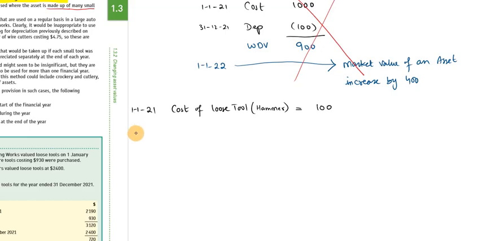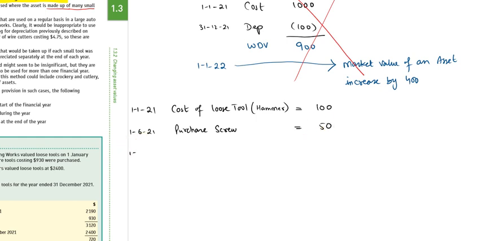So at, for example, first June 21, we purchase another one, say a screwdriver, amounting to, for example, 50.